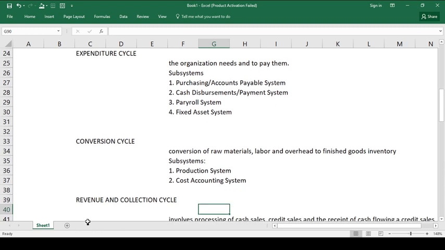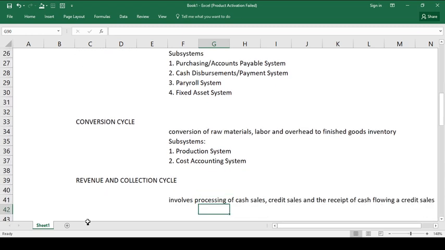And then we have the revenue and collection cycle. If we already have the cycle on how to recognize expenses, how to pay expenses, and the cycle on how to determine the costs of sales, which is the conversion cycle in case of manufacturing, we now have the cycle on how to recognize and record revenue.